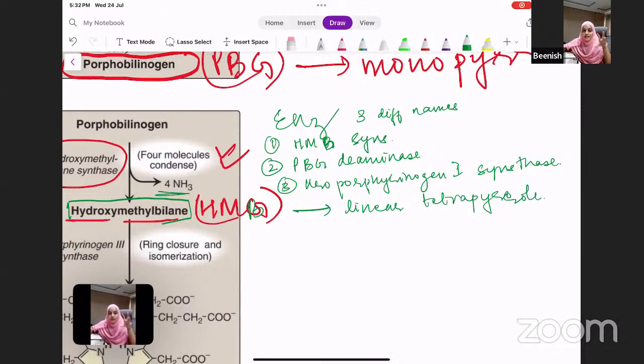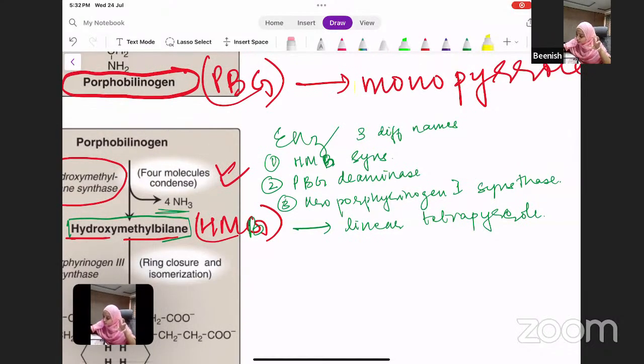So what happened? Your glycine and succinyl CoA combined to form your ALA. Then two molecules of ALA combine to form porphobilinogen. Then your four porphobilinogen molecules, which, as I said, are monopyrroles, combine to form a linear tetrapyrrole known as hydroxymethyl bilane.